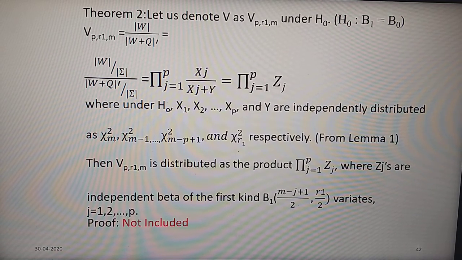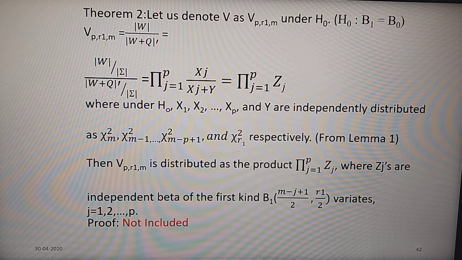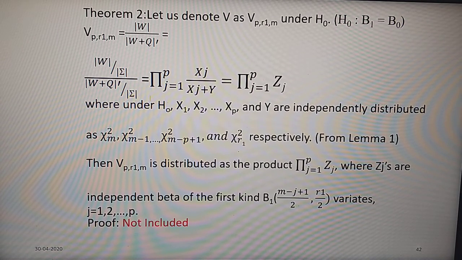So we know B is equal to determinant W by determinant W plus Q, and we denote B by V P R1 M. Now simplification: this numerator divided by determinant sigma, here also the denominator divided by determinant sigma.